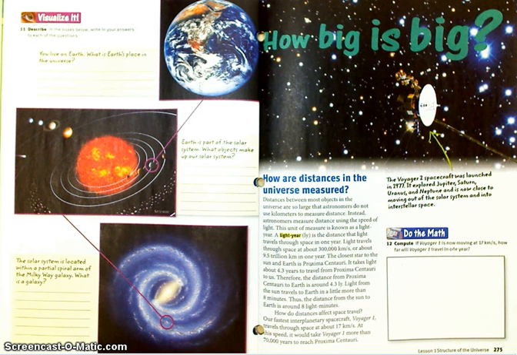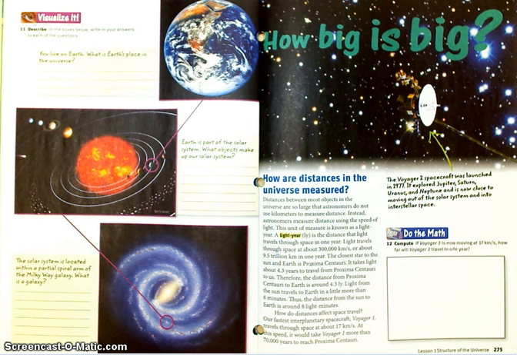A lot of times we just talk about the distance from the Earth to the Sun in kilometers or miles. I know the solar system seems like a huge place, but in the grand scheme of things, it's a really teeny tiny portion of the universe. When we start talking about really big distances, kilometers is no longer useful because you're talking about trillions of kilometers, and it's not helpful to think of numbers that big.